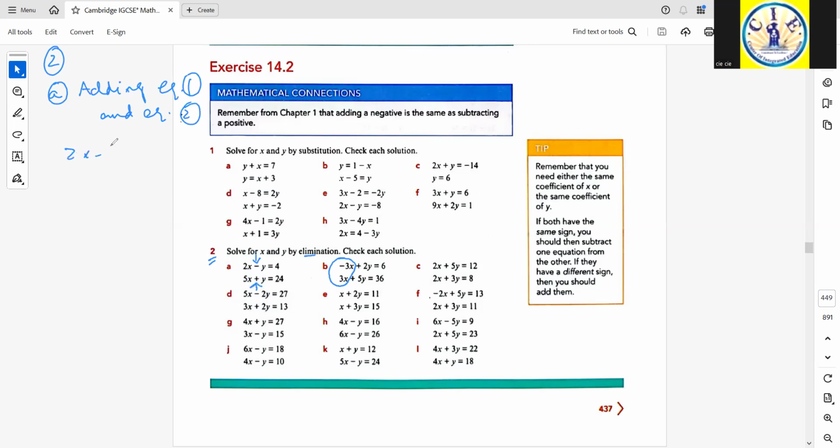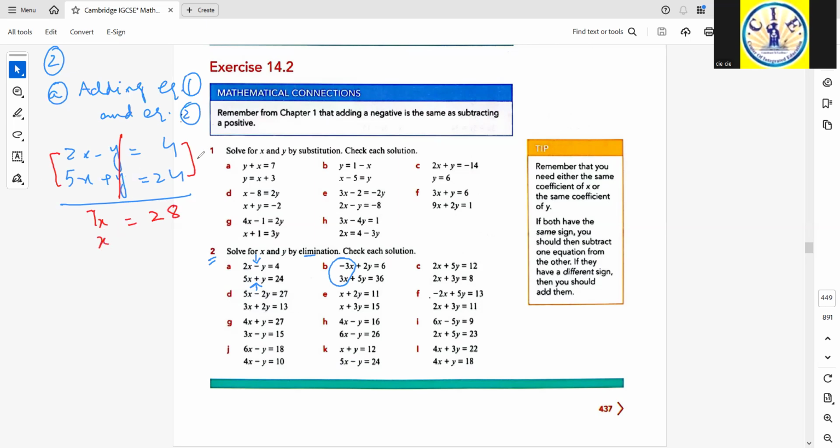I'll be getting 2x minus y is equal to 4, and then 5x plus y is equal to 24. So when we add them, negative y and positive y will get cancelled out, and 2x plus 5x gives me 7x, and 4 plus 24 gives me 28.